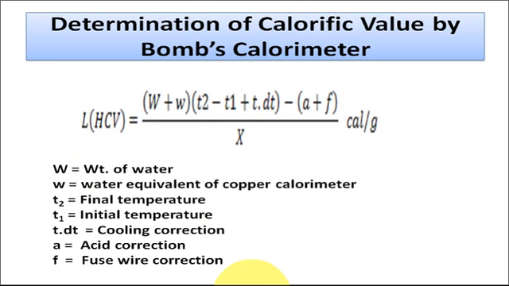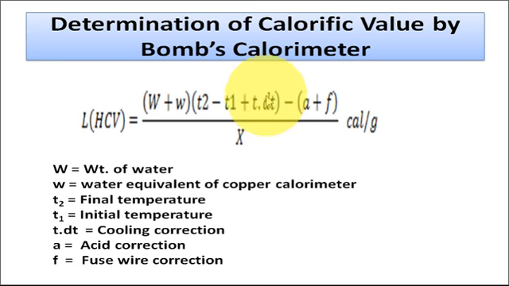So after incorporating all these corrections, the final formula for HCV is HCV equal to (W + w)(T2 - T1) plus T dT, this is the cooling correction, minus acid correction minus fuse wire correction, calorie per gram is the unit, divided by X. So this is the final formula for the HCV.